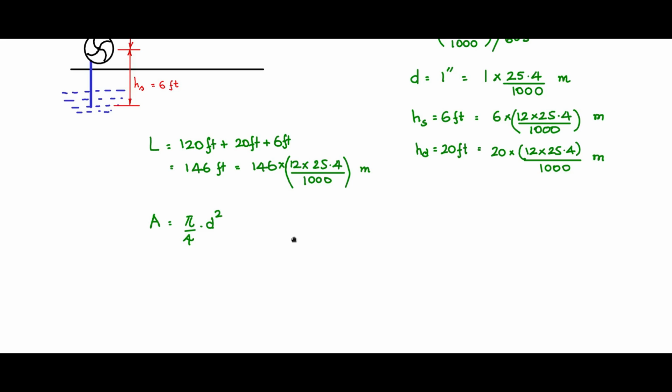Now next, find the fluid velocity of the water in the pipe, U, in meters per second. Now we know the discharge rate, this is meter cube per second.